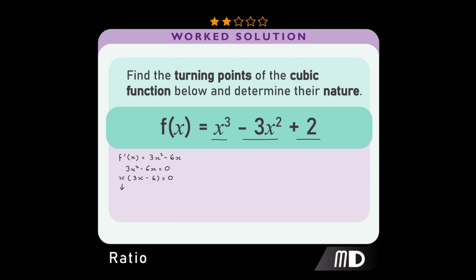The first, when x is equal to 0, and the second, when 3x minus 6 is equal to 0, which we can solve by adding 6 to both sides. So 3x is equal to 6, and dividing both sides by 3, x is equal to 2.